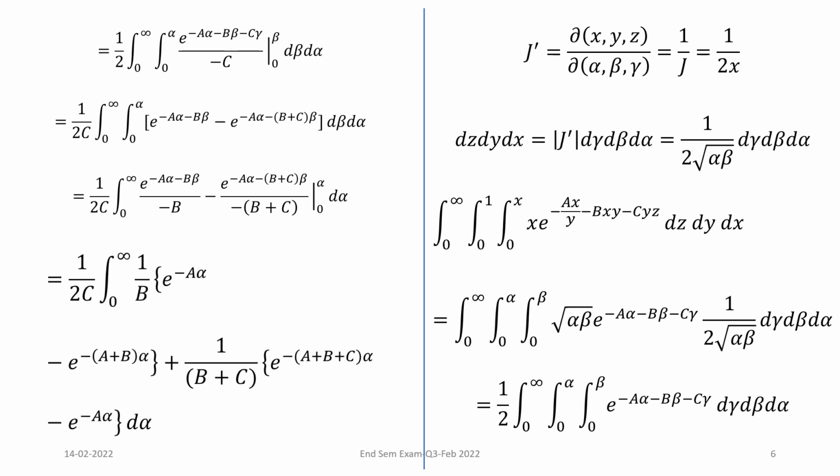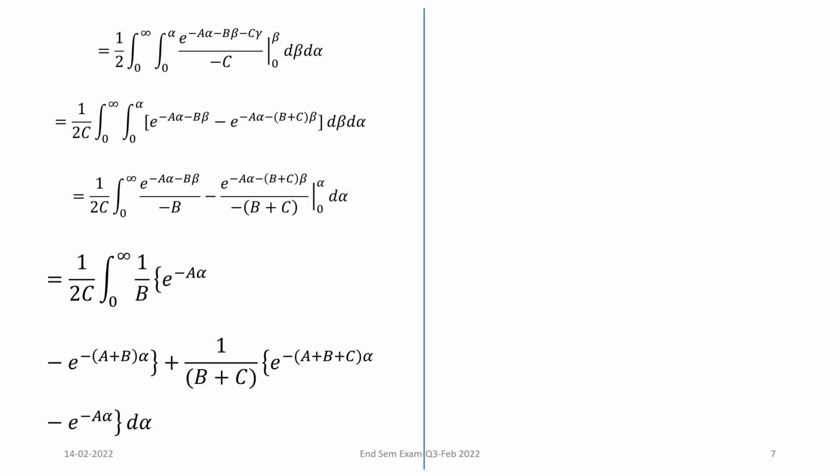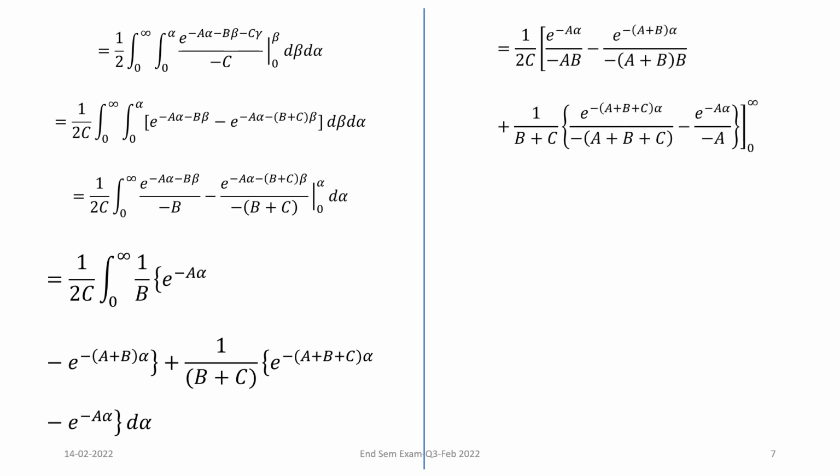So after putting the limit 0 to alpha, we get this one, 1 upon 2c, integration 0 to infinity, 1 upon b, e to the power minus a alpha minus e to the power minus (a plus b) alpha, and so on. After that, only one part is left, integration with respect to alpha. So once we integrate with respect to alpha, we have this result, and the limit will be 0 to infinity.